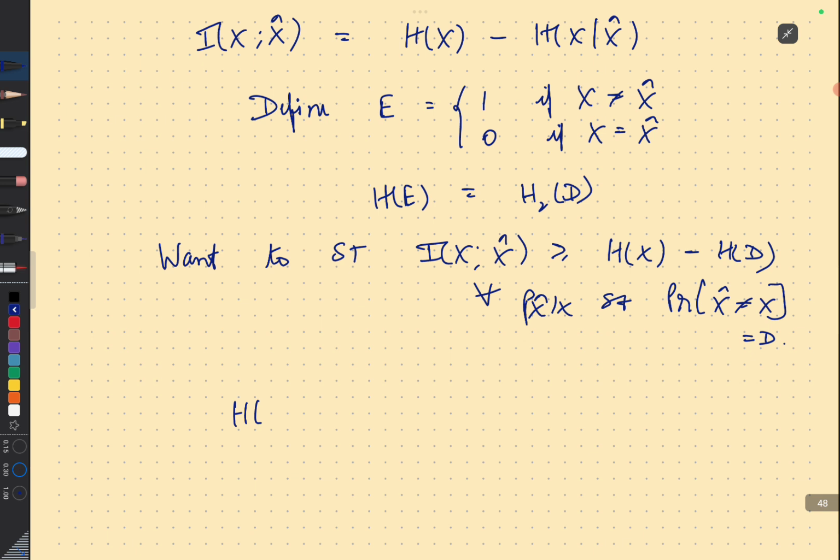So let's look at h of x given x hat. This is less than or equal to h of x and e given x hat, right?